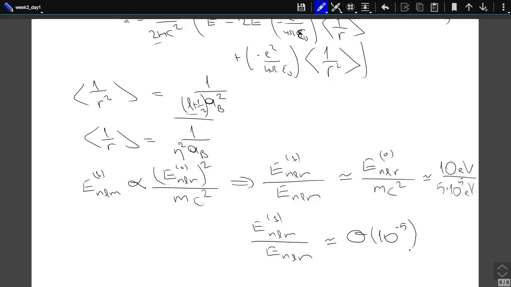Or you can directly try to look at this splitting, which might be easier to measure. Because instead of one line in the spectrum, you should be seeing two very closely spaced lines. At least for the first excited state, 2 lines, for the second excited state, 3 lines, etc. How many depends on how many different values of L you have.